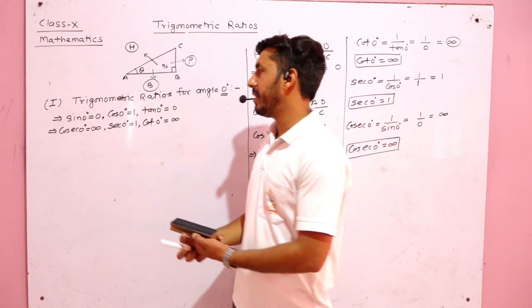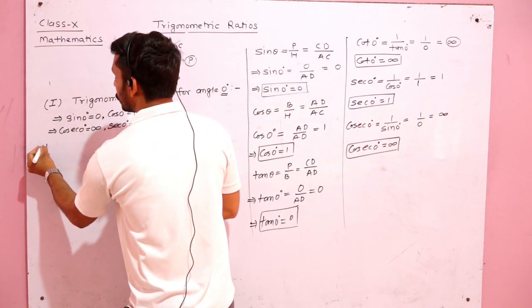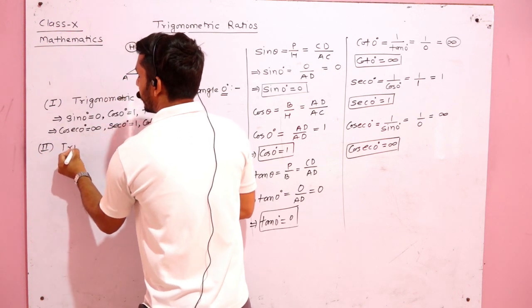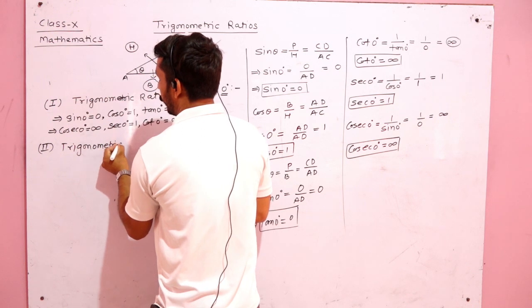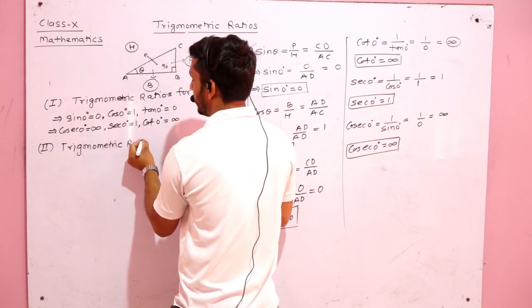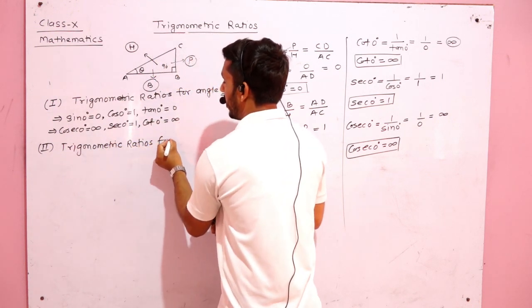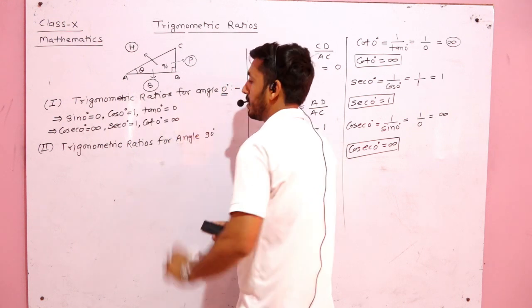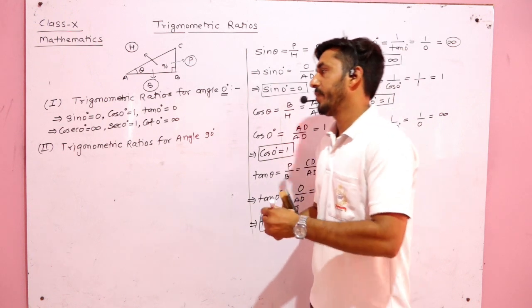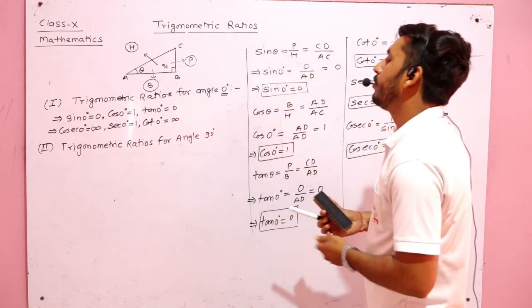Then the second point will be trigonometric ratios for angle 90 degree.